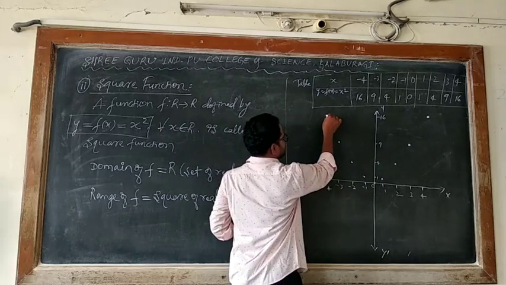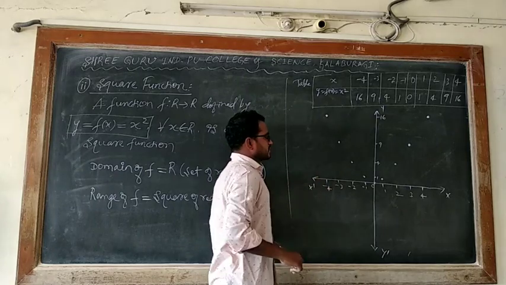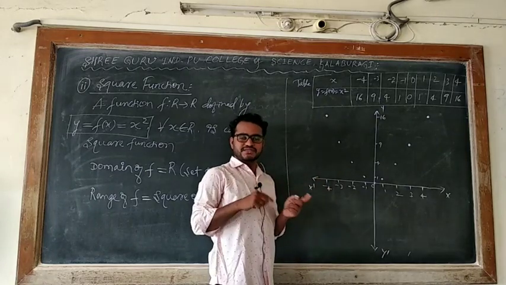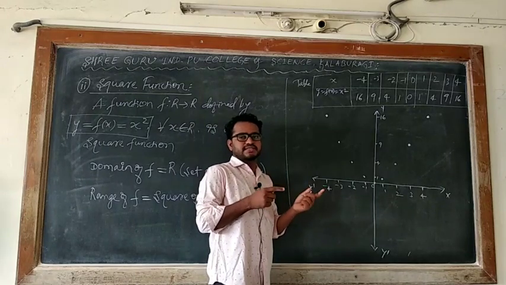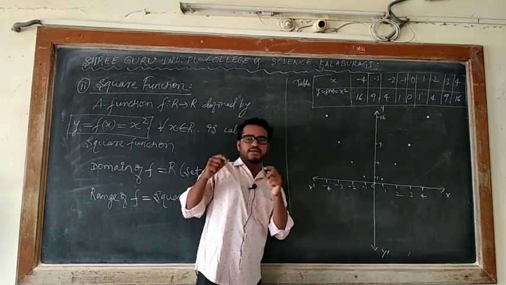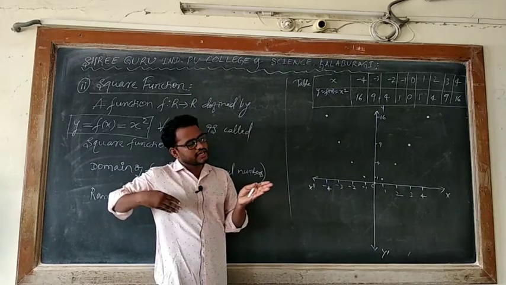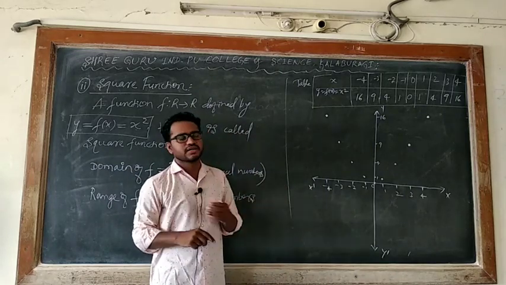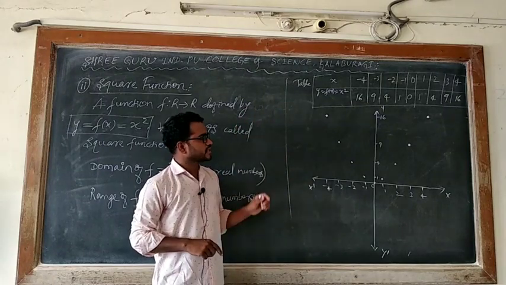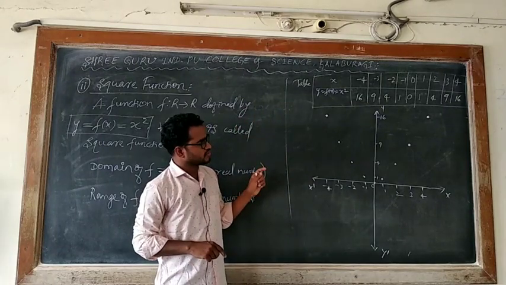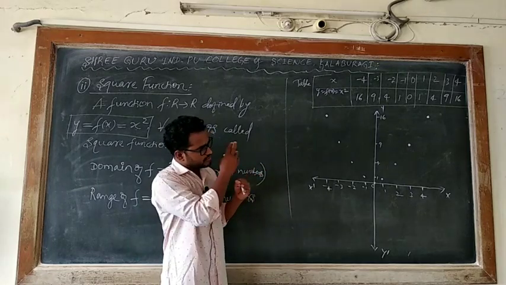So here we left so many points. It is not like x is 0, y is 0, x is 1, y is 1, x is 2, y is 2, x is 3, y is 3. In the previous case the x and y values were the same, so you got a straight line, and you could connect all the points. But here it is not like that. When you take x as 0, y is 0, x is 1, y is 1, when you take 2, it becomes 4.